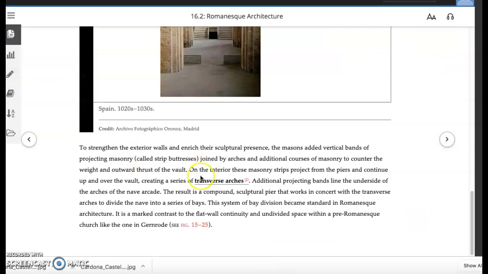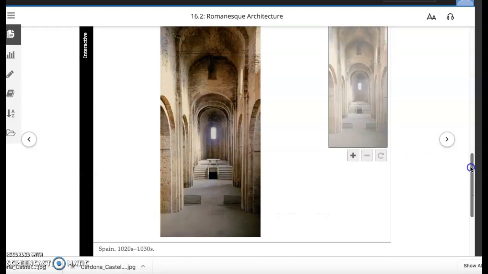So then, on a related point, on the interior, these masonry strips, these strips of extra reinforcing stone, project from the piers and continue up and over the vault, creating a series of transverse arches. So look back at the picture.